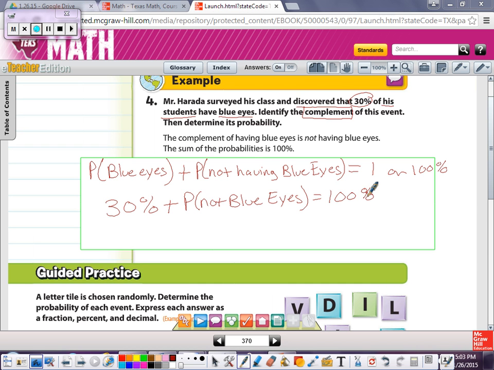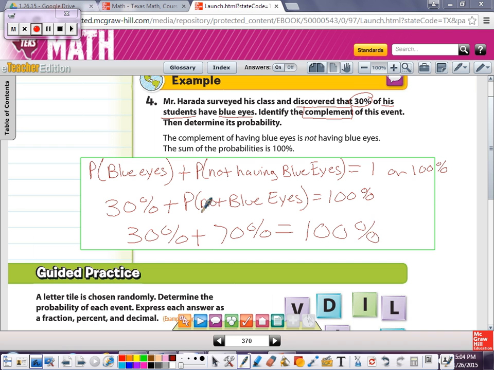So we have to think to ourselves, if we have 30% of the class with blue eyes, what percentage of the class does not have blue eyes? And if we add those two together, that should equal 100%. So here it's easy to see that we have 30%. When we add that to 70%, that'll give us 100%.